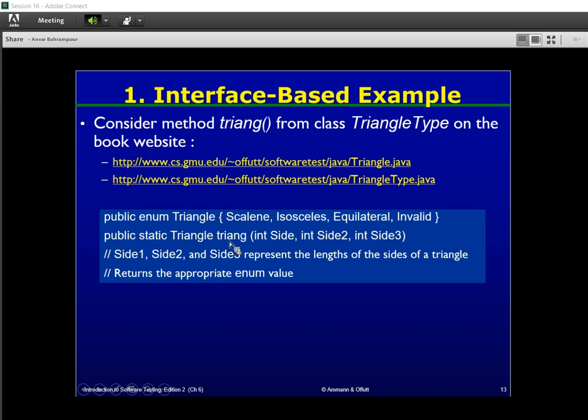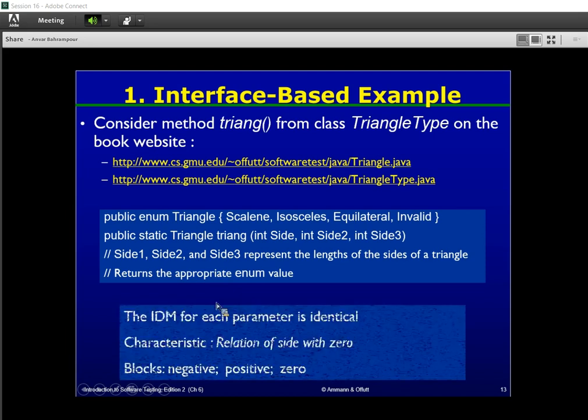So we have defined a method triangle and its sides as input parameters. Let me use the interface-based approach. As I said, we should treat these parameters mechanically. This means that we consider each parameter in isolation.